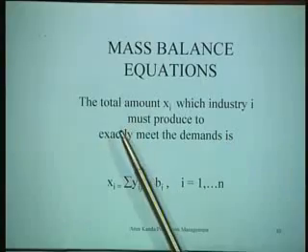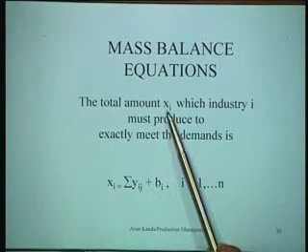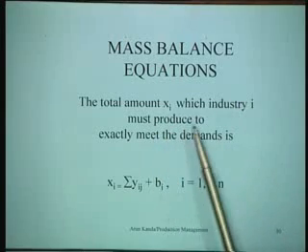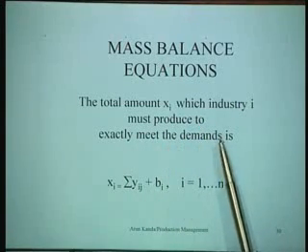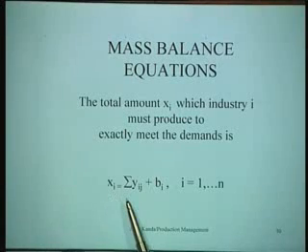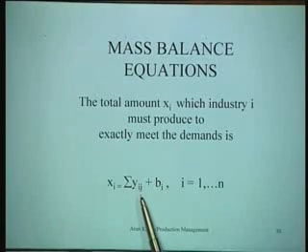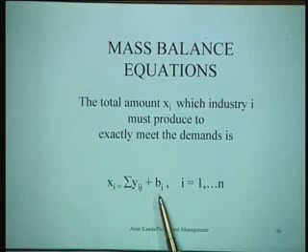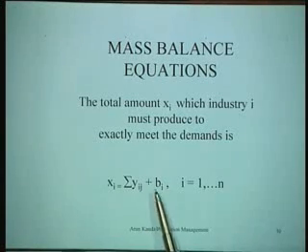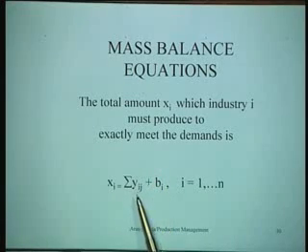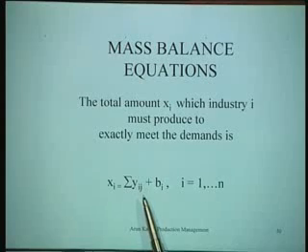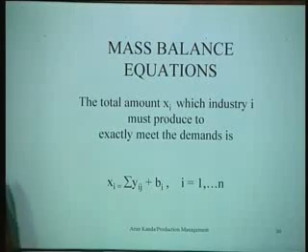So if you look at this, we can apply a simple mass balance equation. The total amount Xi which industry I must produce to exactly meet the demands is Xi equal to summation Yij plus Bi. Bi is the exogenous demand and Yij is the amount which is going to industry J. So this summation would be over all J, right?